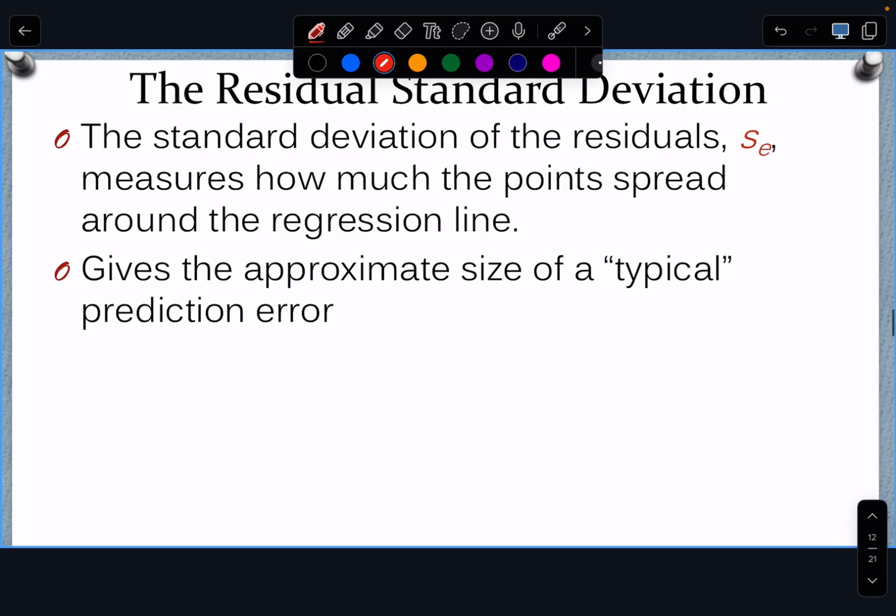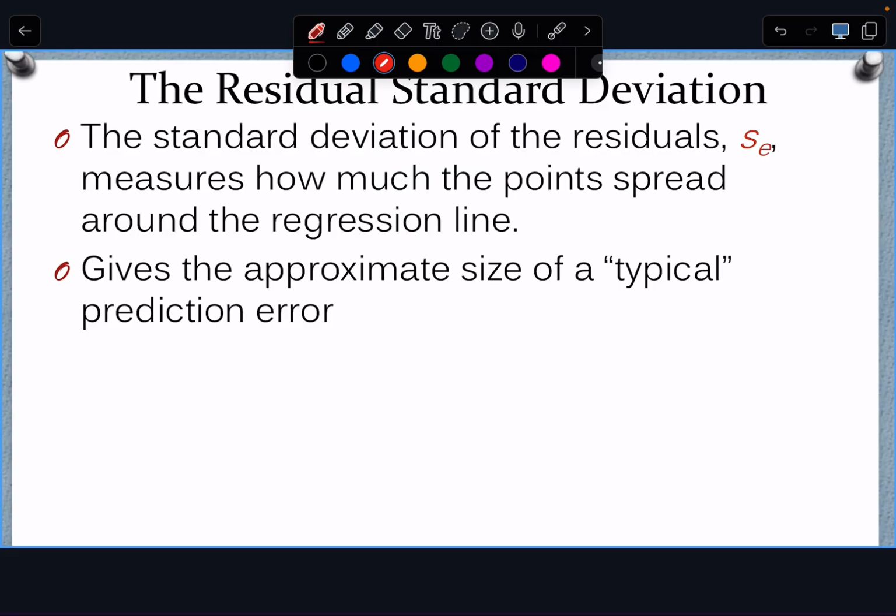Next part then, residual standard deviation. When we create these regression analyses, we get this regression model that's supposed to predict the values of y based on the values of x, and hopefully as accurately as possible. But we said the data is not going to line up in the real world, so we're always going to have some prediction errors. That's what the residuals are.